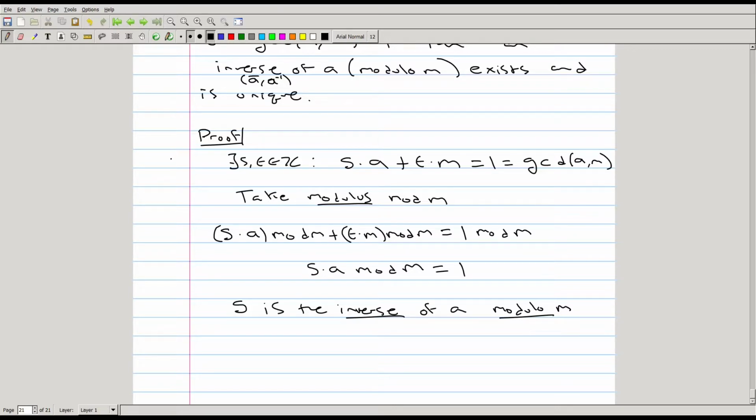And this is just proving existence of this inverse, but part 2 would be a proof of uniqueness, which is relatively straightforward. You just assume there exist two inverses, and you show that they have to be equal to one another.